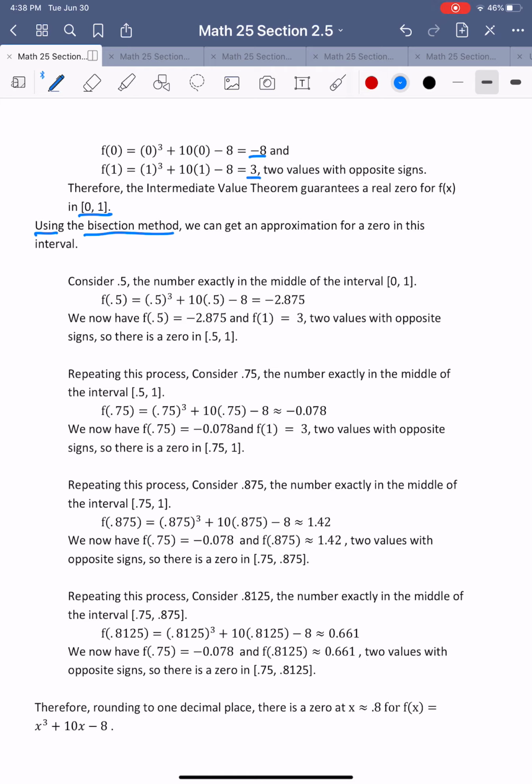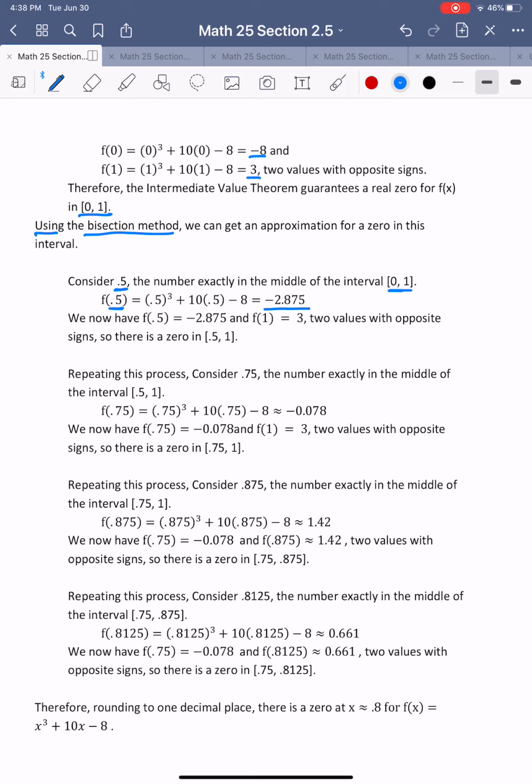Consider the midpoint of 0.5, which is right in the middle between 0 and 1. If you put in 0.5, it gives us negative 2.875, so it still stays a negative y value, and f of 1 is positive.